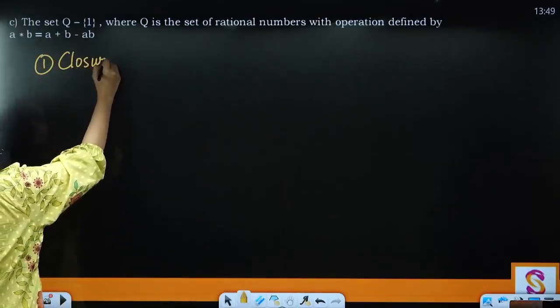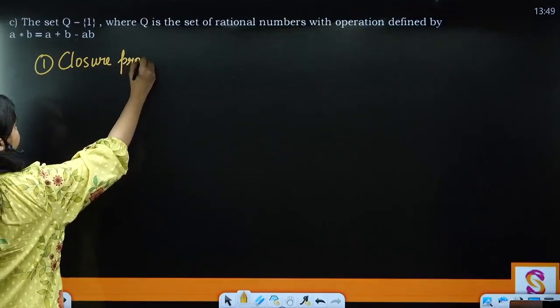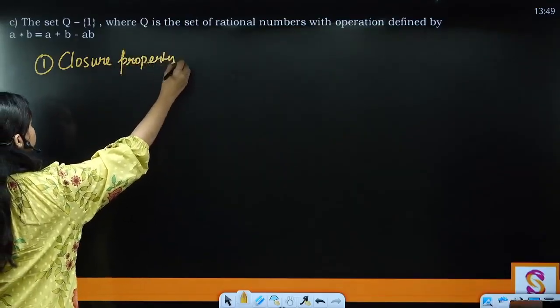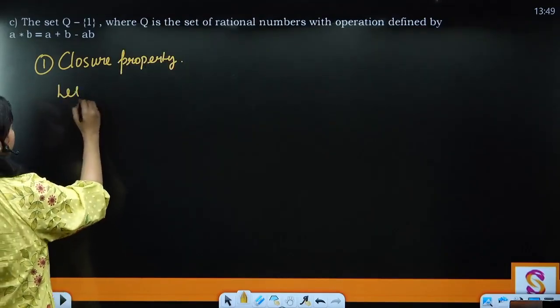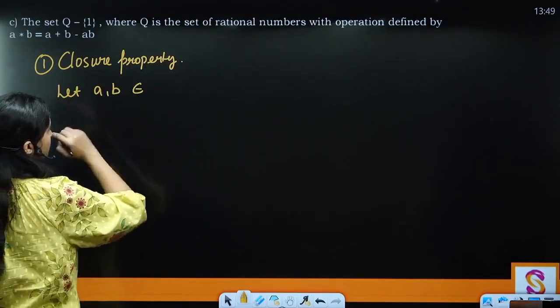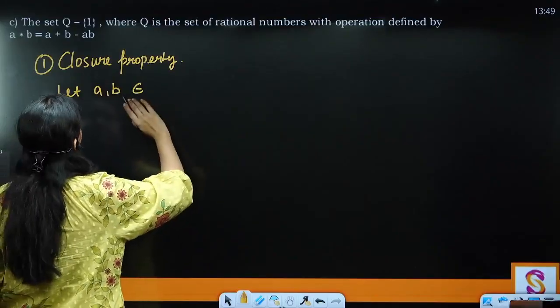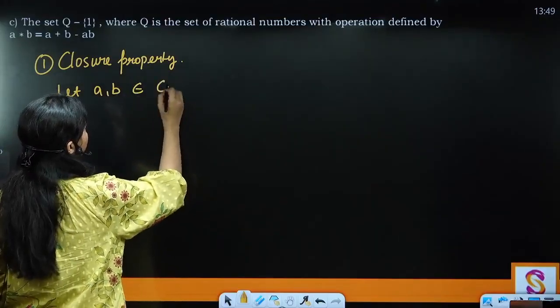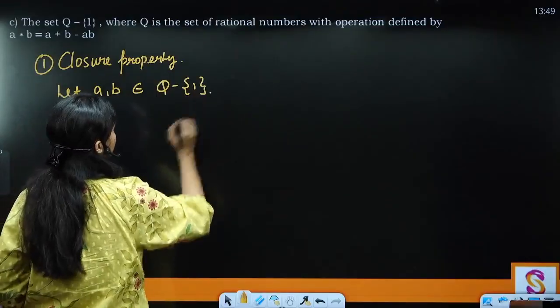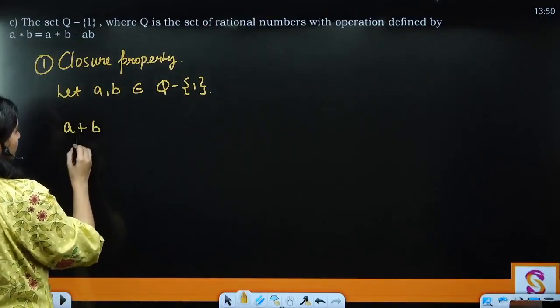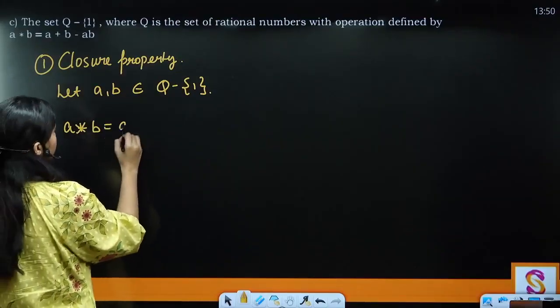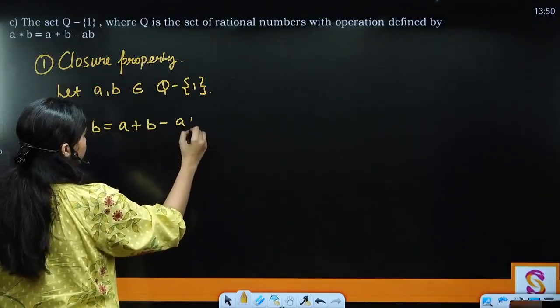Closure. Let A, B belong to Q minus 1, right? Now A star B equals A plus B minus AB.